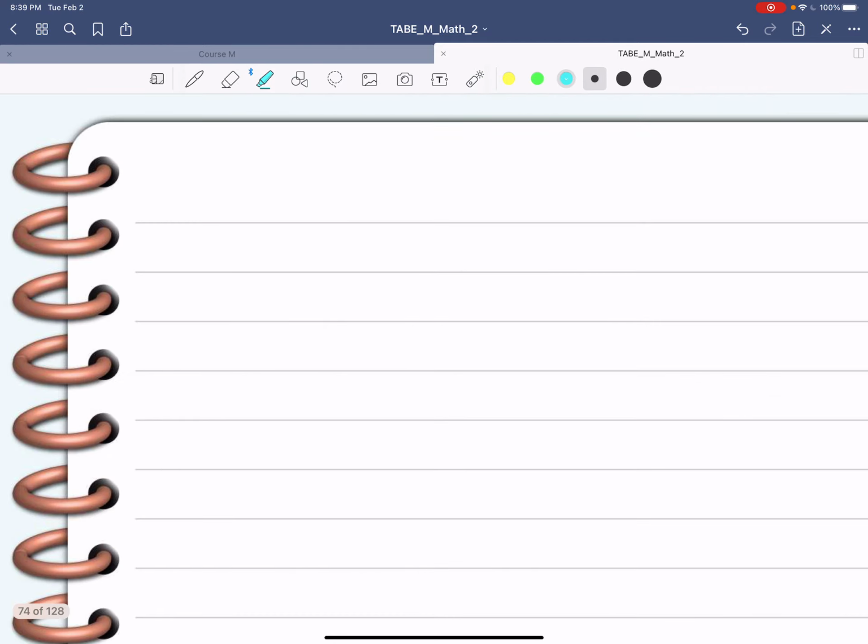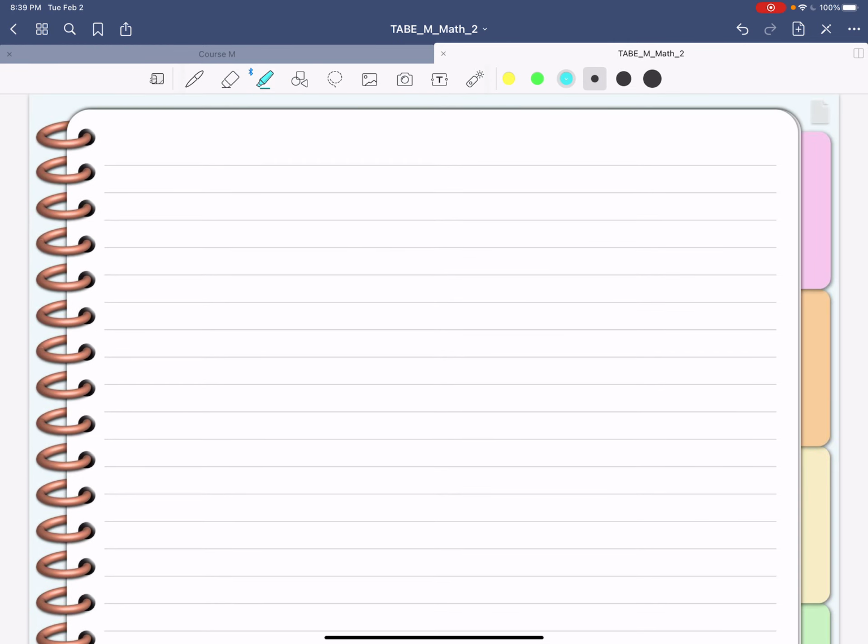So I'm going to come to my scrap paper and I'm going to draw a model of this for you. So the first thing that we want to do is draw a cube. Let me get a little bit more ink going here. And that is definitely not a cube. Let me draw it large and then I'll shrink it down. So as close as you can, draw a square, because cubes are perfect squares that are put together.